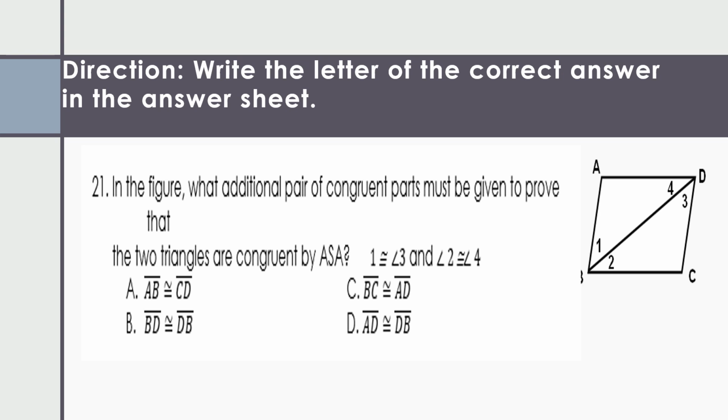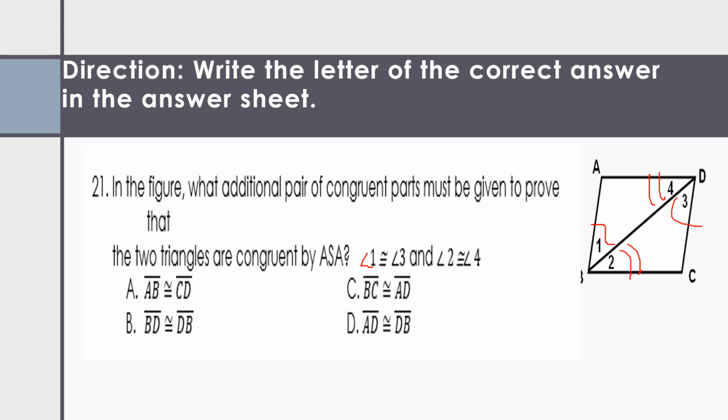Next, in the figure, what additional pair of congruent parts must be given to prove that the two triangles are congruent by ASA? We can see angle 1 is congruent to angle 3, and angle 2 is congruent to angle 4. For ASA, we need a side, of course.